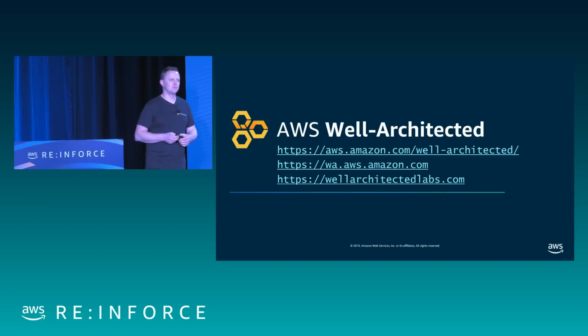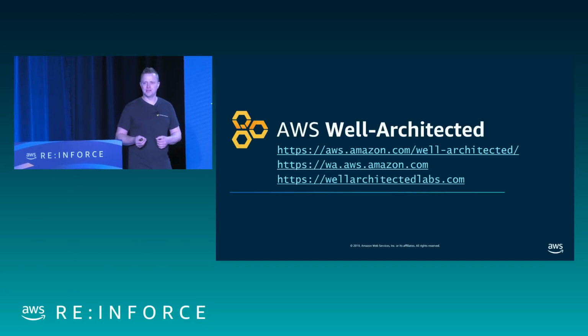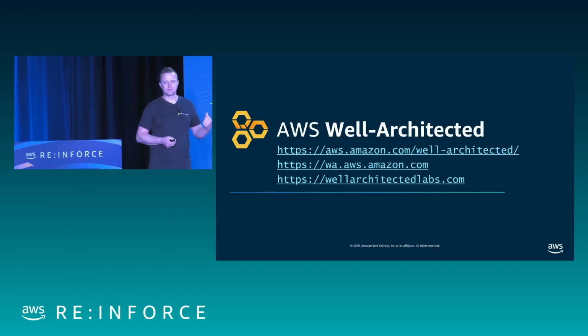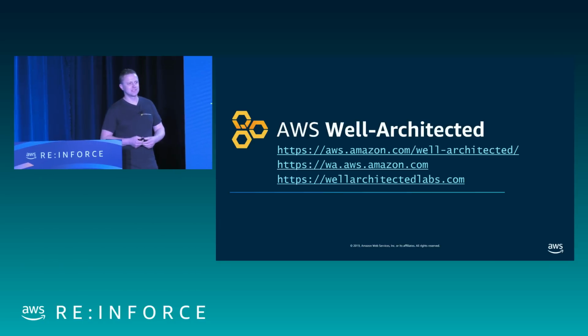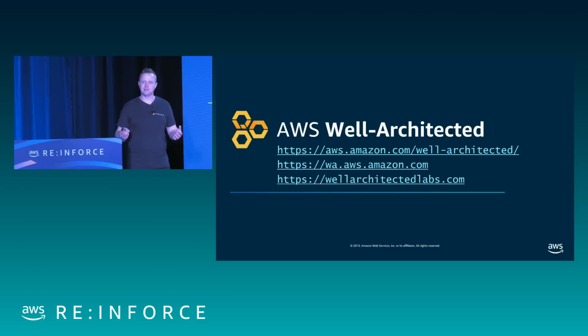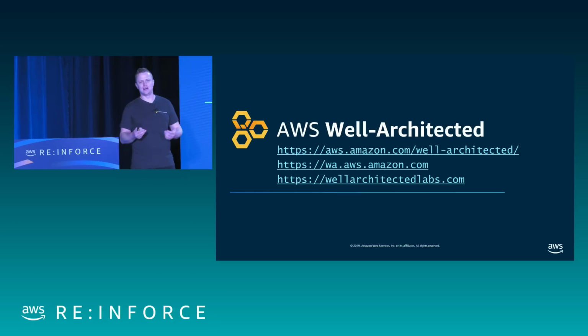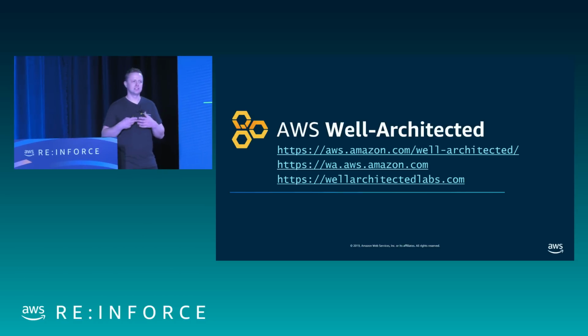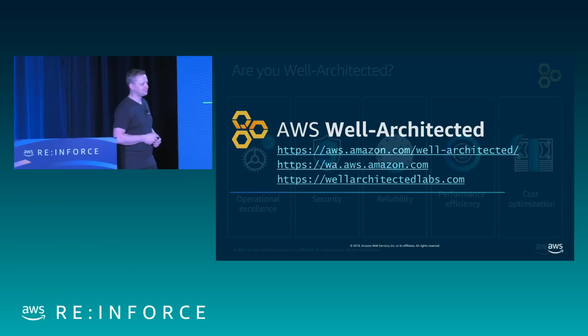We also have a well-architected labs website, which is also stored in GitHub, in the well-architected labs GitHub repo. It's open source. So it's very simple hands-on labs from introductory through to advanced topics, so you can actually learn hands-on. And if you have any feedback, you can easily do a pull request or submit an issue in GitHub for us. So I really appreciate that feedback.